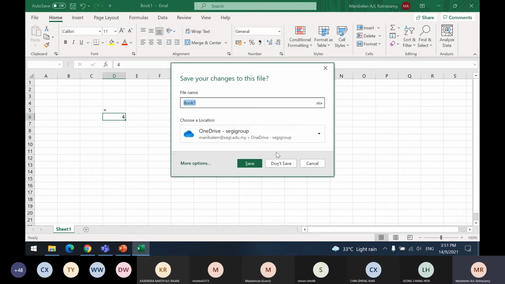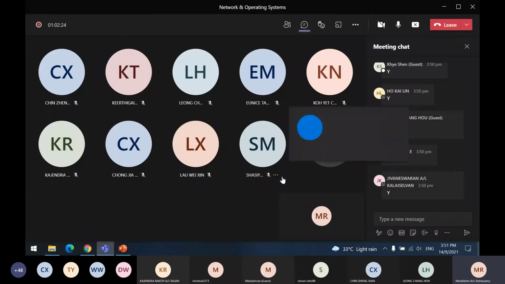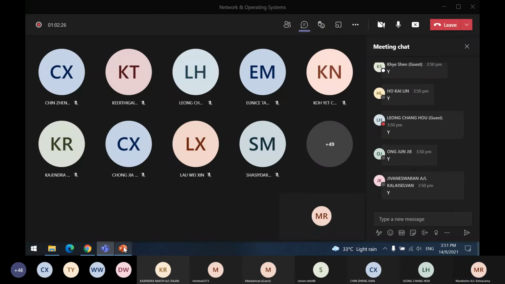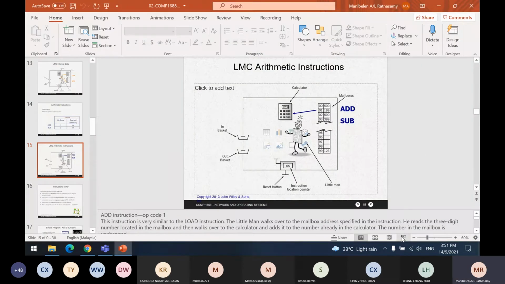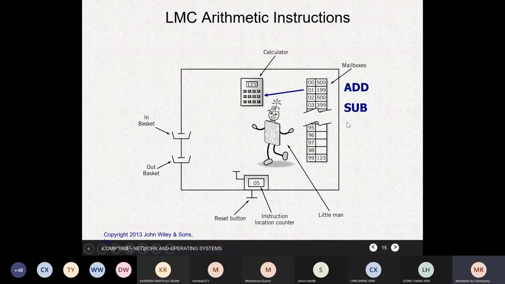Otherwise, you will be asked the question, save or don't save. I don't want to save for now, so it has nothing to do with the memory. That is what this computer is trying to do now. I can do anything here, but if I don't save back into the mailbox, it is just temporary.